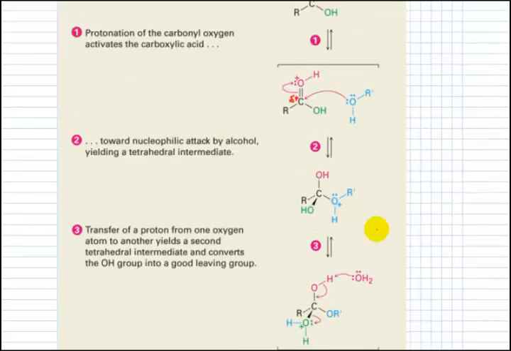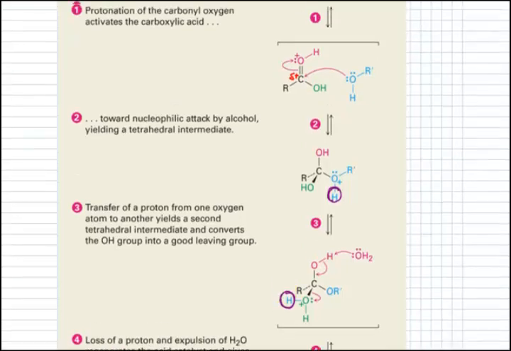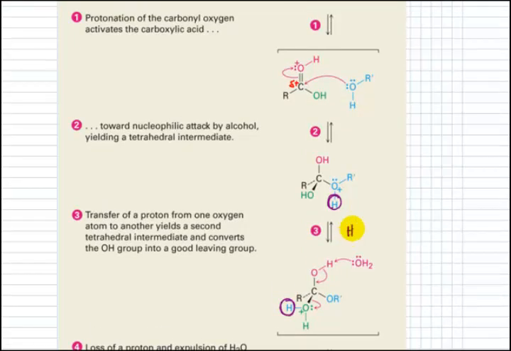What happens next is a proton transfer. Let's look very carefully at where the proton transfer occurred. What we would do first probably is deprotonate this O plus where the alcohol was, and solvent or an alcohol molecule, something nearby, can do that. And then we protonate one of the OH groups on the alcohol. There's our proton transfer. Let's write that here, H plus transfer.